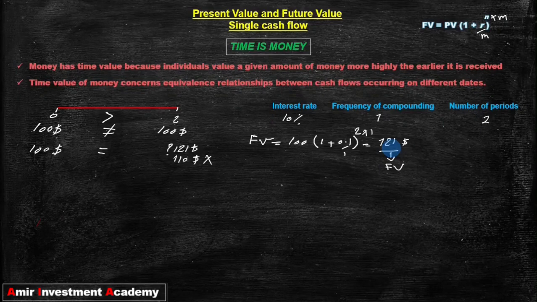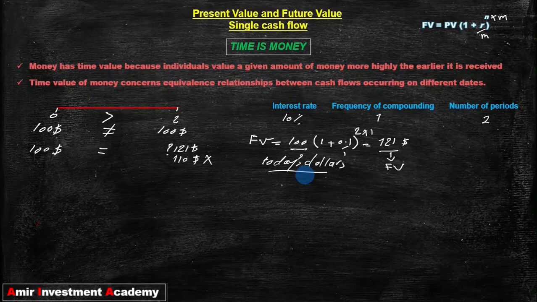Now, since we agreed that these two numbers, given this rate, are equal, can I also say that $121 is equal to $100 today? In other words, the equivalent amount of $121 in 2 years in terms of today's dollar, let's call this today's dollars, right?